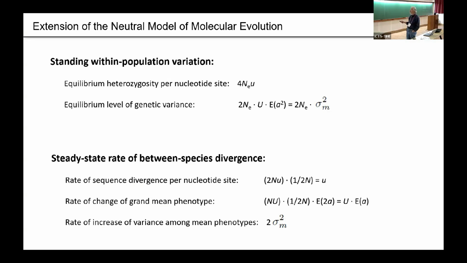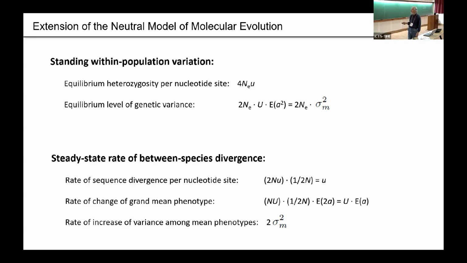And then the mutation's becoming fixed. So a is the heterozygous effect, and 2a is the homozygous effect after it becomes fixed. So that's where that 2 comes in, and that becomes our estimate of the rate of change in the mean phenotype. It'll be 0 if the average mutation has no effect, if there's no directional effect, okay?